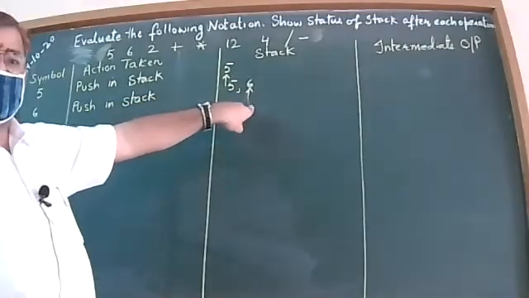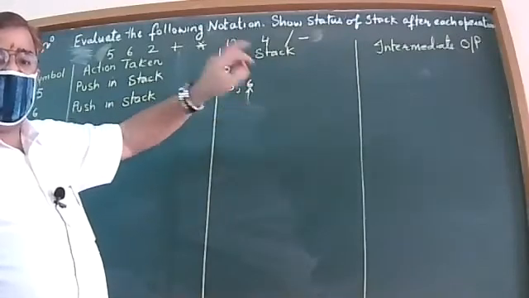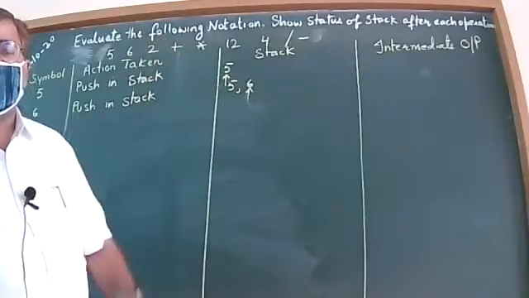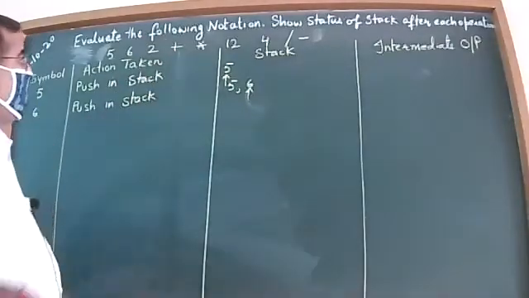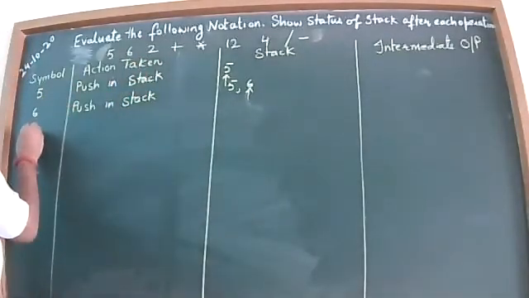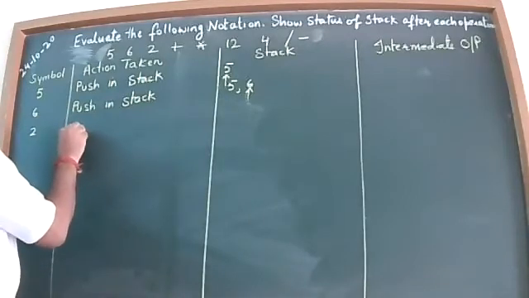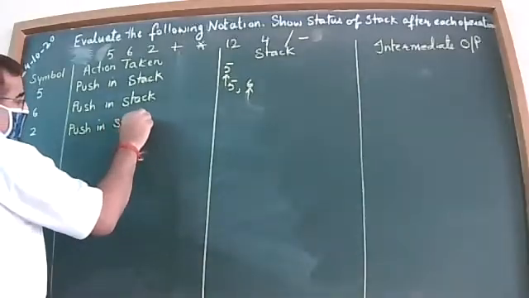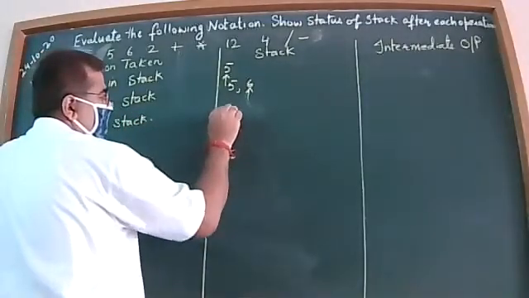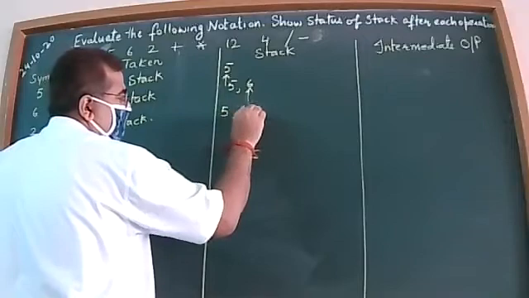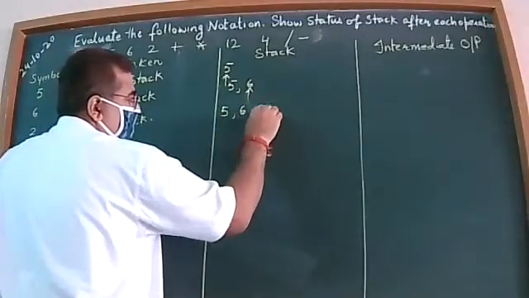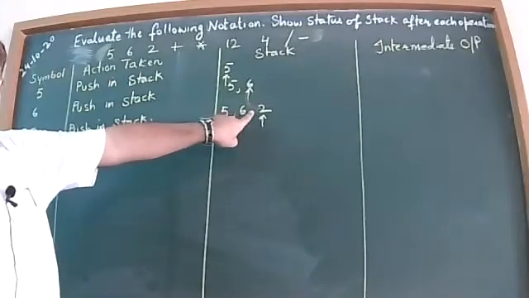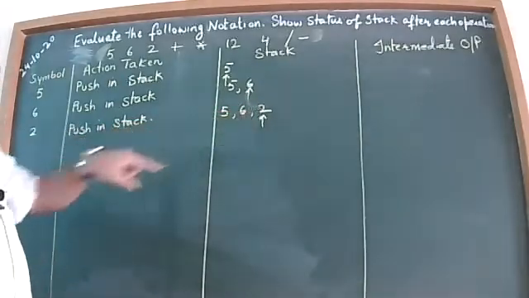The arrow will be placed under the element which has been recently inserted or pushed inside the stack. The next coming is 2. Push in stack. Earlier was 5, then 6, now 2. So top will point to 2.